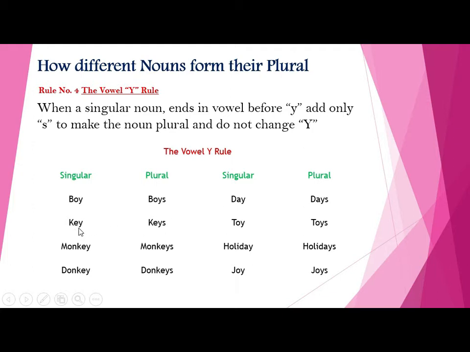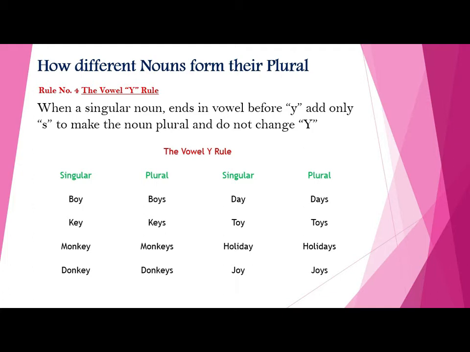Key is a noun. Before Y there is an E. E is a vowel, therefore we add only S to make the noun plural. Monkey, monkeys, donkey, donkeys, day, days, toy, toys, holiday, holidays, joy, joys.